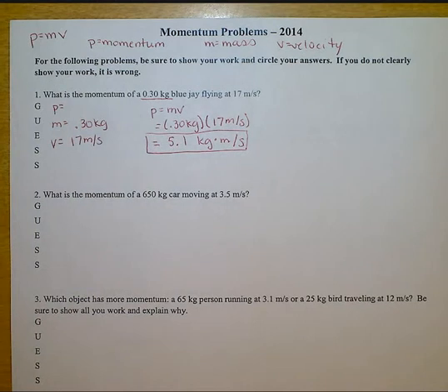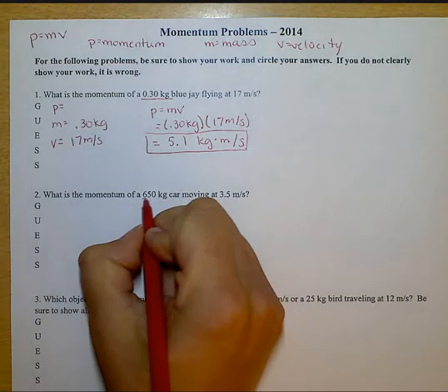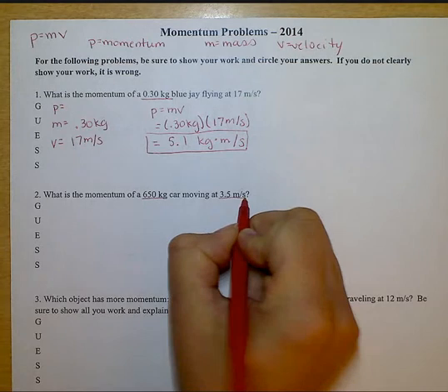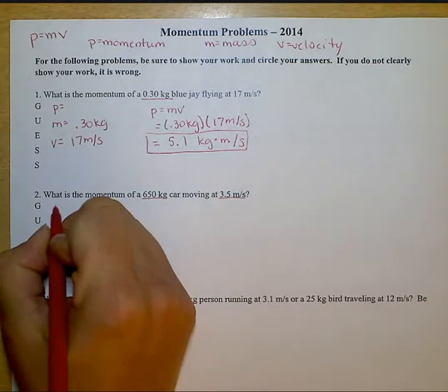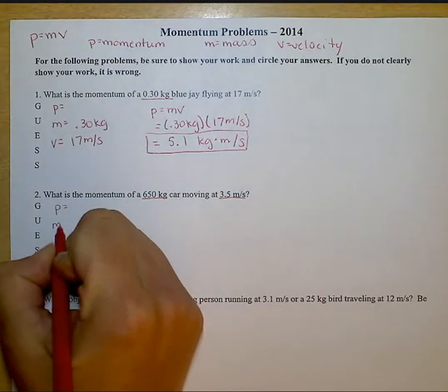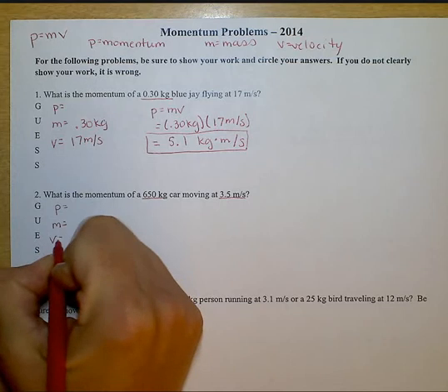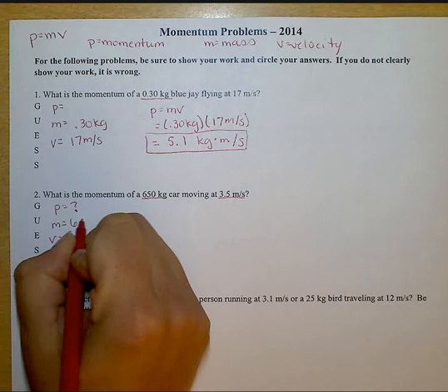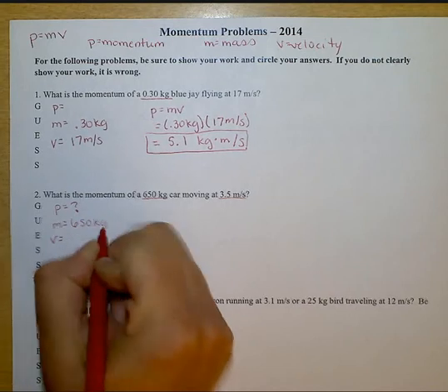What is the momentum of a 650 kilogram car moving at 3.5 meters per second? I'm going to go ahead and fill in my information. I'm looking for my momentum, I have my mass, and I have my velocity.